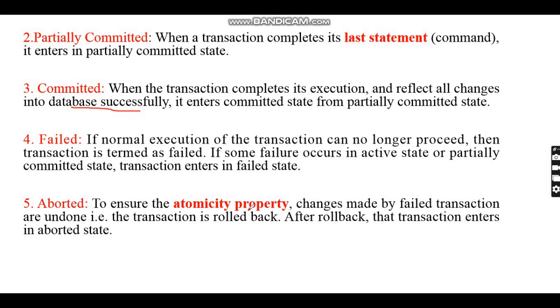That's why the transaction needs to be rolled back. Aborted means nothing is visible; whatever changes were made by the transaction are undone. After rollback, the transaction enters the aborted state.